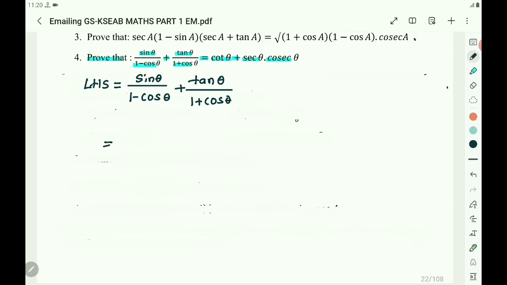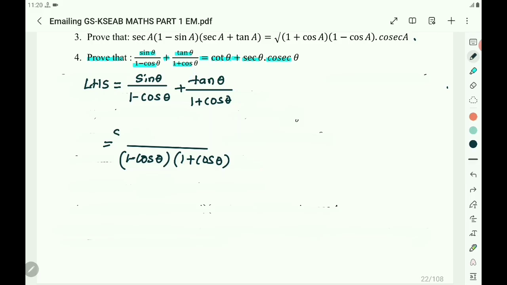Equals, here you take the LCM of the denominator 1 minus cos theta and 1 plus cos theta. The product of these two becomes the LCM. That is 1 minus cos theta into 1 plus cos theta, and in the numerator sin theta into 1 plus cos theta plus tan theta into 1 minus cos theta.